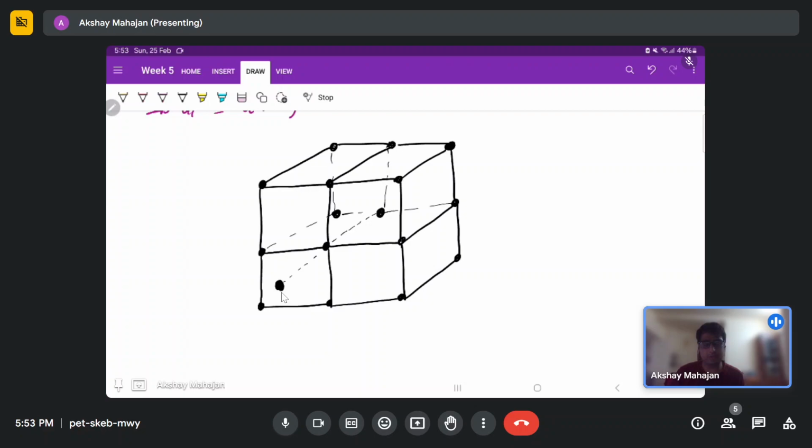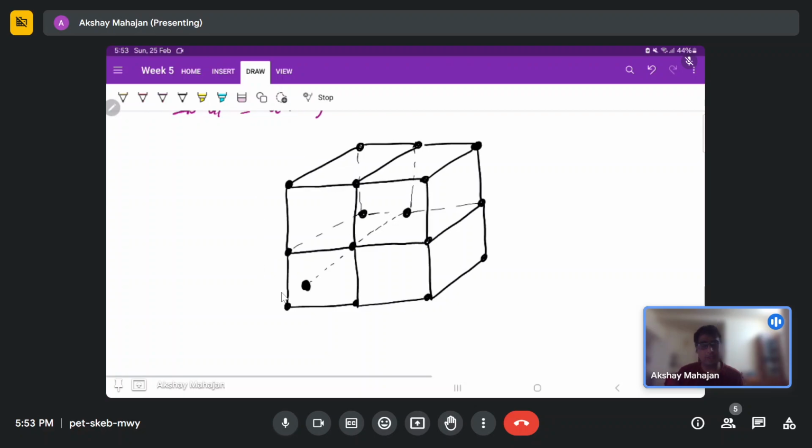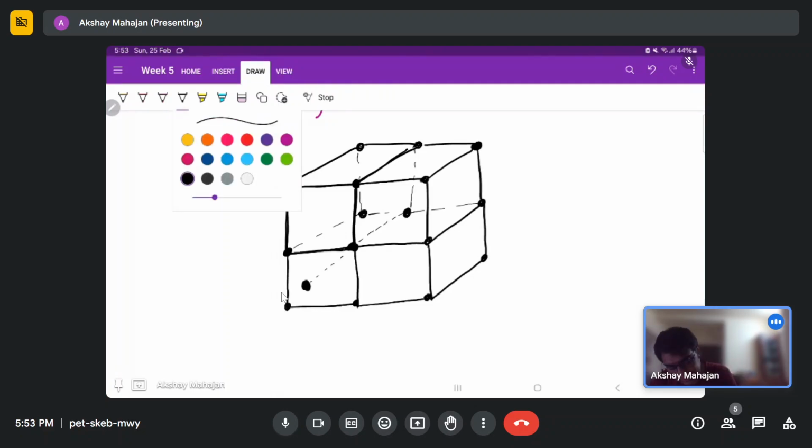It might not look exactly like a cube, but my drawing is not that good, sorry about that. But I hope you can imagine. So this is your simple cube. This is one cube, and if you expand it in infinite space, you just repeat those cubes in your space to make a cubic lattice.